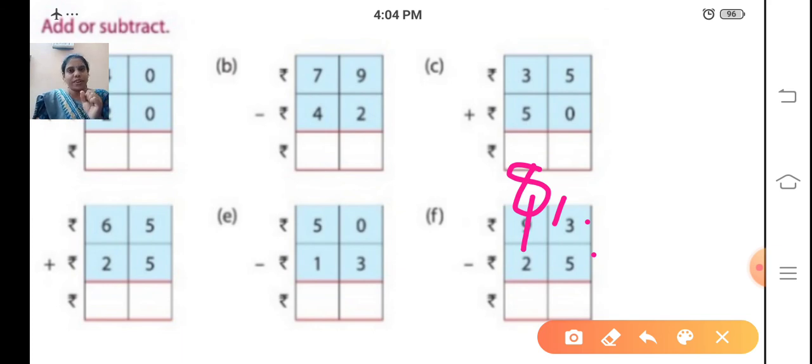So start from 5, count forward till you reach 13: after 5, 6, 7, 8, 9, 10, 11, 12, 13, that is 8. Then 8 minus 2: after 2, 3, 4, 5, 6, 7, 8. So 68 rupees. 93 minus 25 is 68.